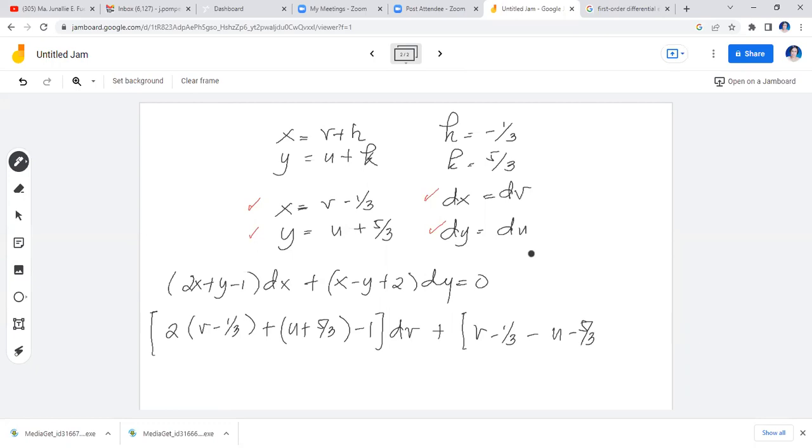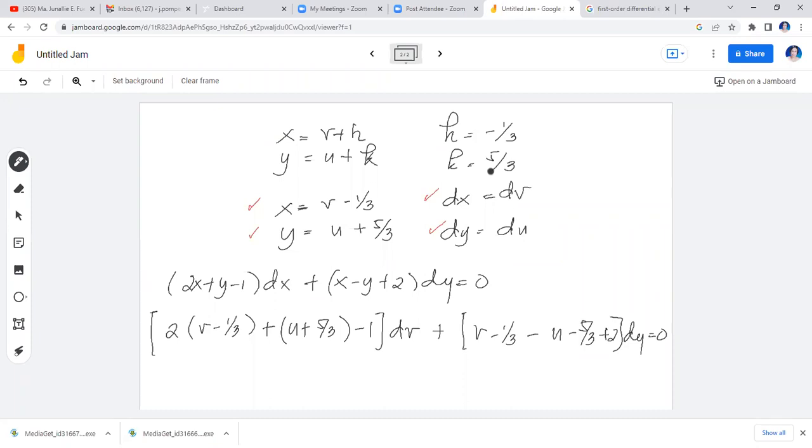I place minus for this one because it's a minus here for the y, so it will all be minus this expression. Then you have plus 2 dy. This still is equated to 0.